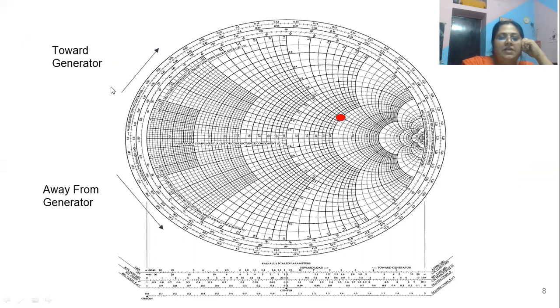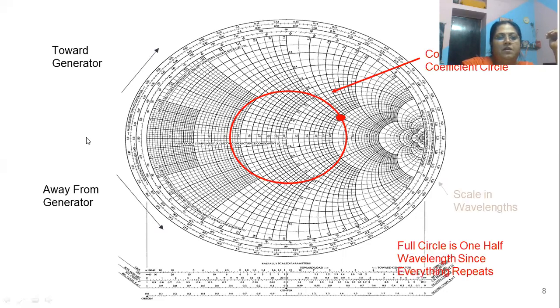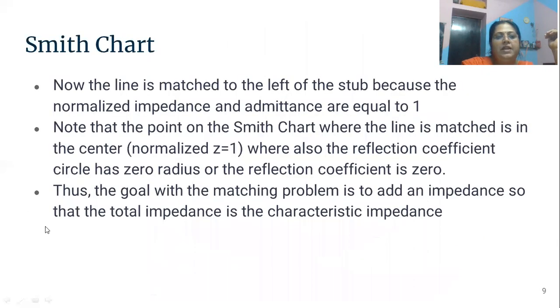So we have considered the direction on the line towards the generator and away from the generator. In this way, we can calculate the reflection coefficient, as we know the incident wave moves from the generator to the load and the reflected wave moves from the load to the generator. A full circle is 1/2 wavelength, since everything repeats after lambda by 2.